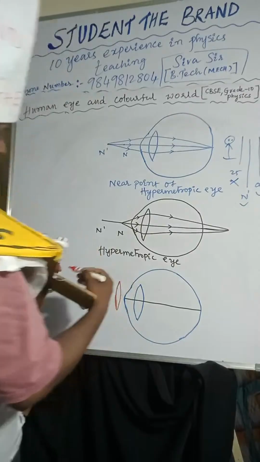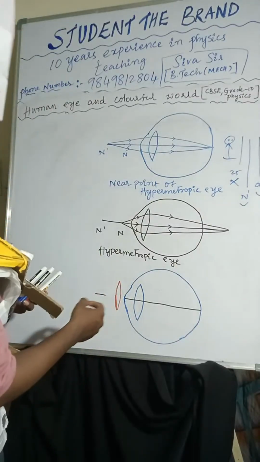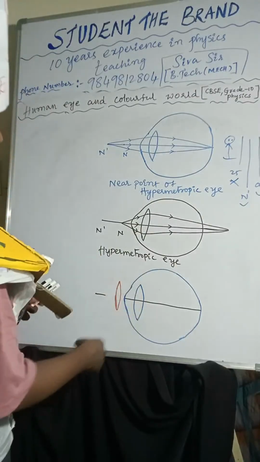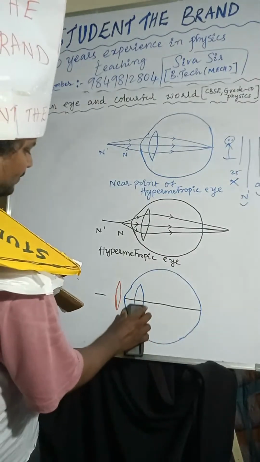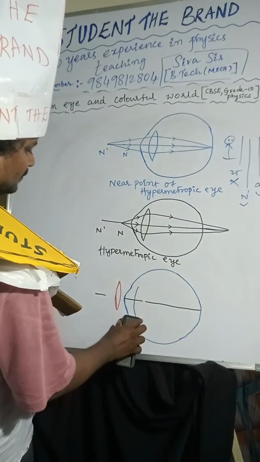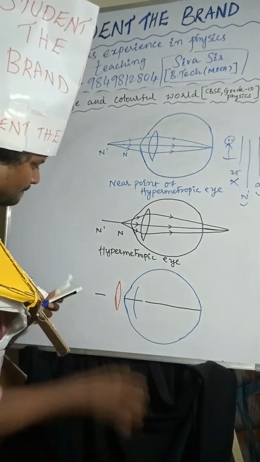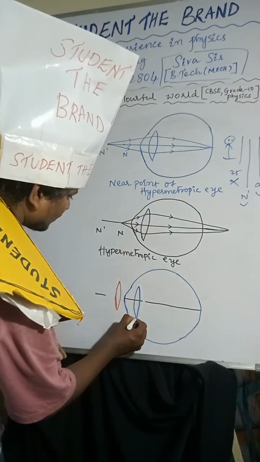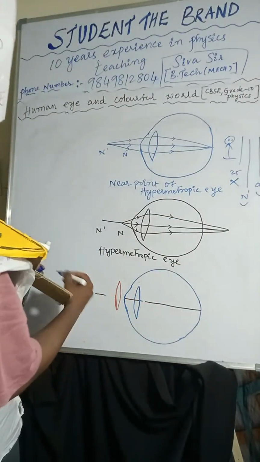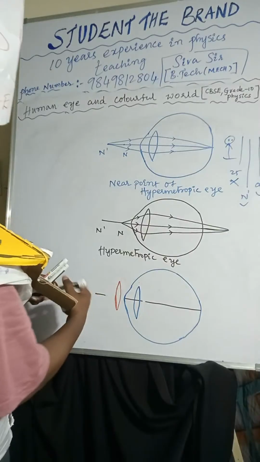You can draw like this. This lens is also a little thin. You can draw it, no problem. It's just a comparison, that's the reason I'm drawing.